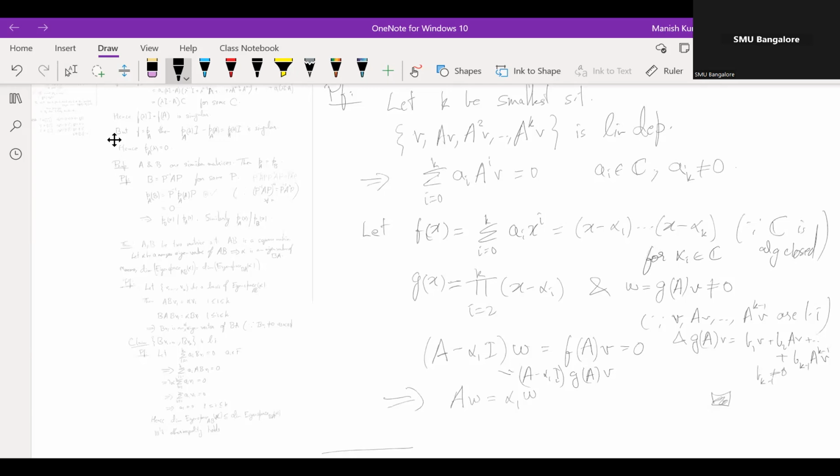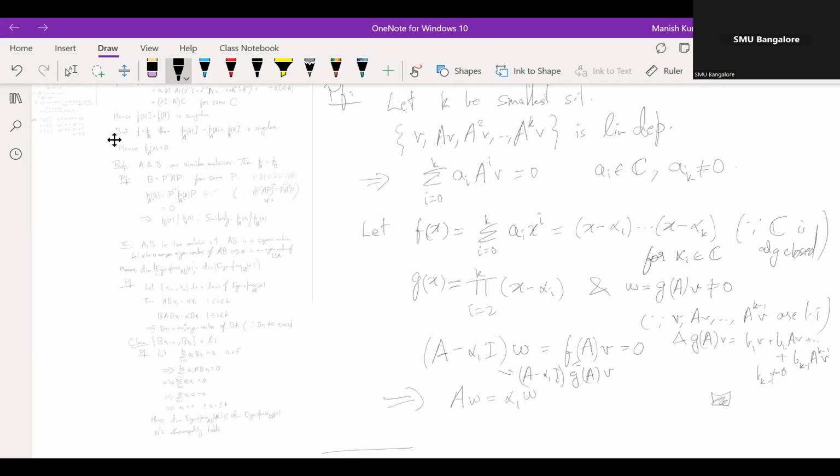But this is the same as f(A) times v, because x minus alpha 1 is the only factor missing from g(x).